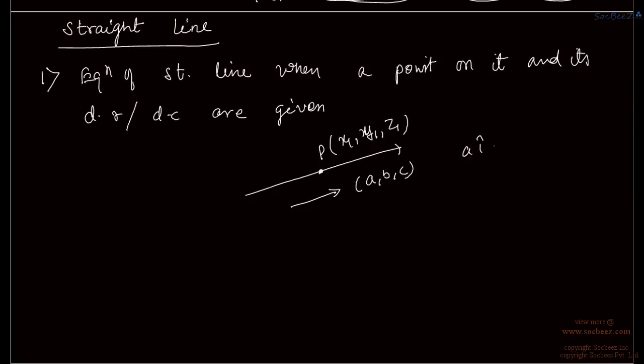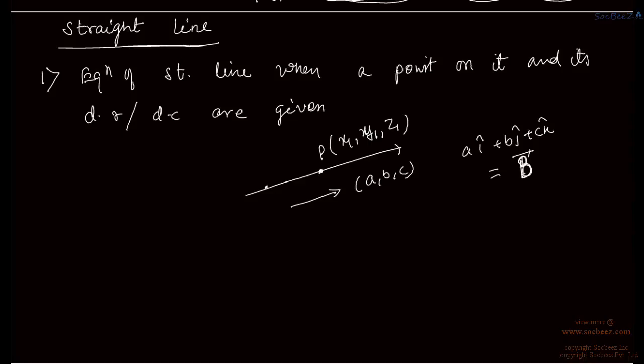That means a vector in this direction, which is ai plus bj plus ck. Let us name this vector as vector capital B.